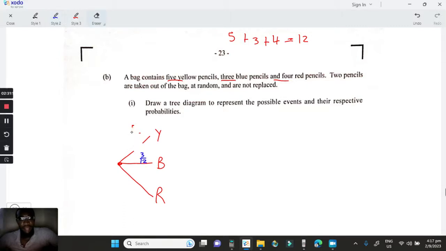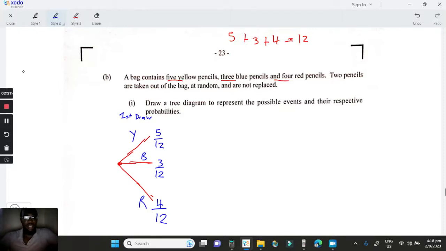By the way, you don't have to write it like this. I want to put the probability at the end, but it doesn't matter. I'm gonna put yellow, blue, red. And this was 5 over 12. This is 3 over 12. And this is 4 over 12. That's for the first draw.